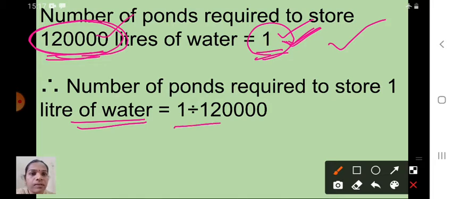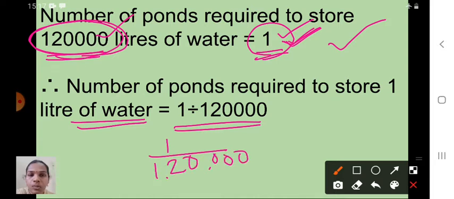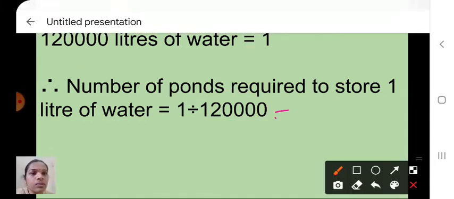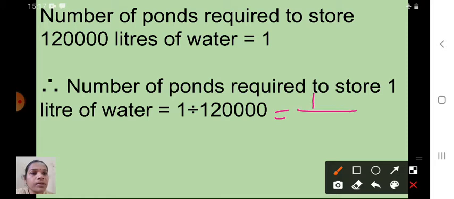That is 1 upon 1,20,000. Understood this one? After this you have to write like this, 1 upon 1,20,000. This statement is the number of ponds required to store 1 liter of water.